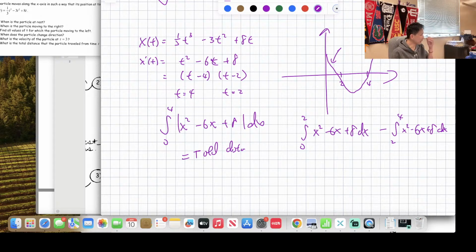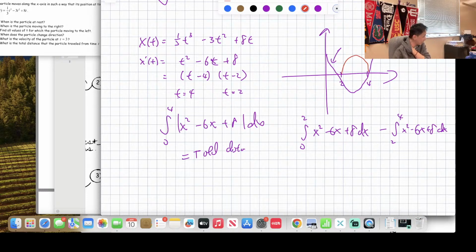Why is it minus? Because this part needs to flip upwards like this. In order to flip, you have to put a negative in front of the function. So I'm gonna let you do that.